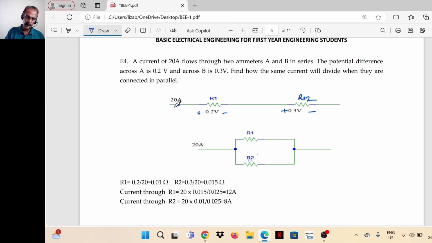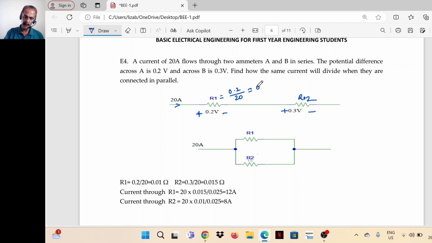So the current is 20 ampere. The resistance value we have to find out. We know the voltage across the resistor R1 is 0.2 volts. Current is 20 ampere. Therefore, R1 is equal to 0.2 divided by 20.